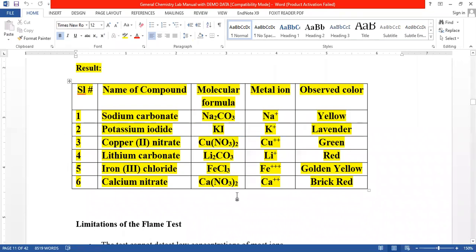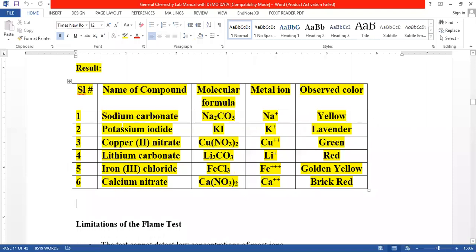That's why after conducting the experiment in the laboratory, you will fill up this table. I have written some compound names here just for your understanding. It's a kind of demo data. But whenever you conduct this experiment by yourself, you will find which type of compounds we are analyzing.